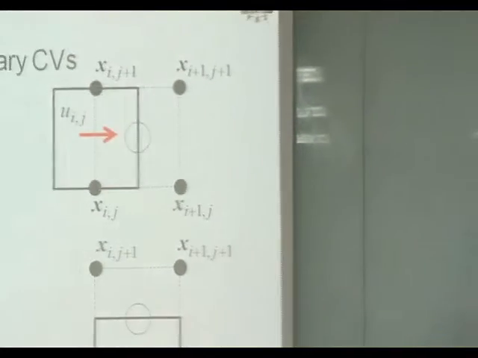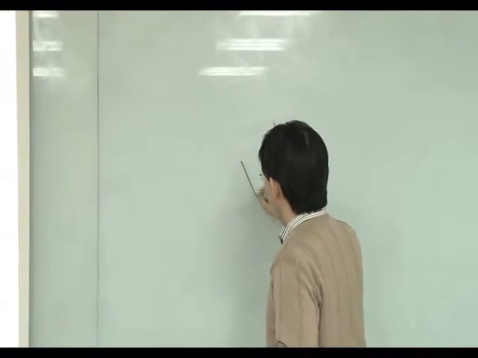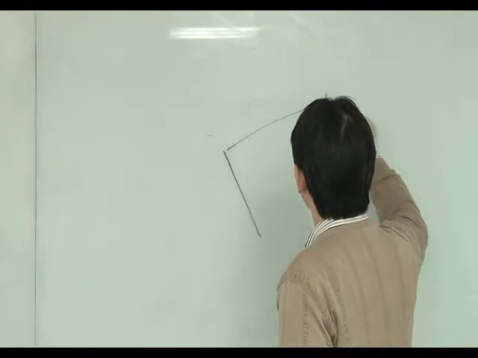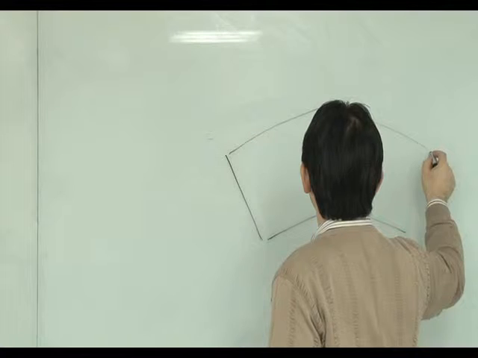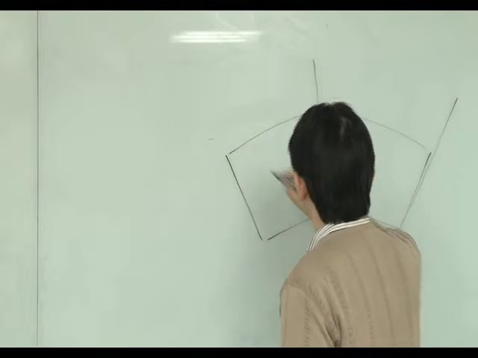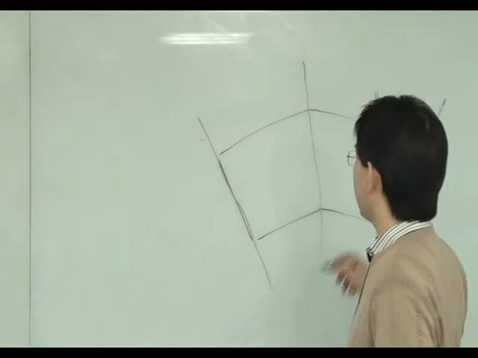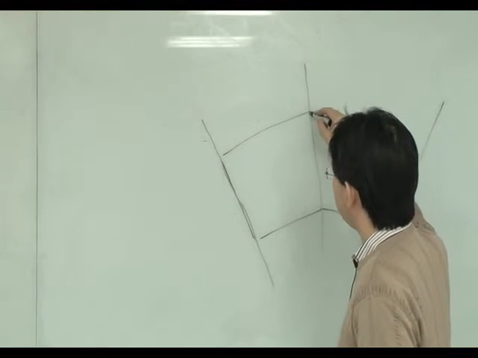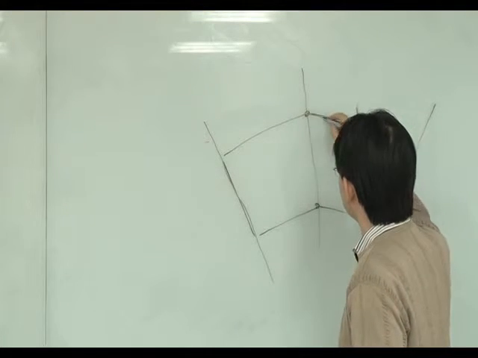In this picture, the shape of the control volume is regular, but if it is deformed like this, the primary control volume is like this.